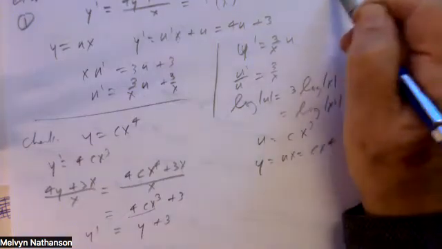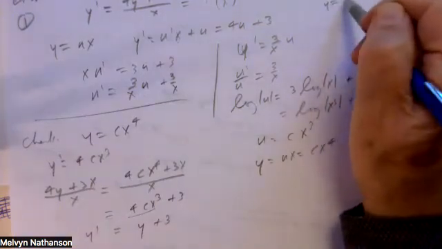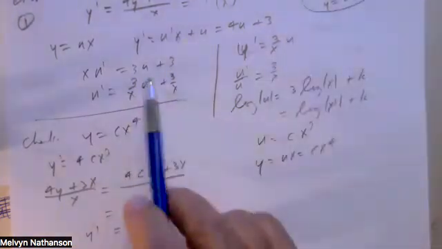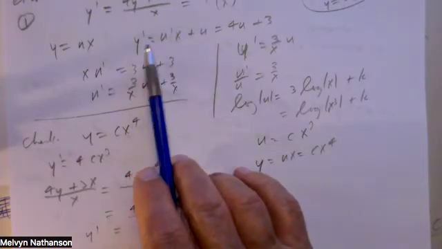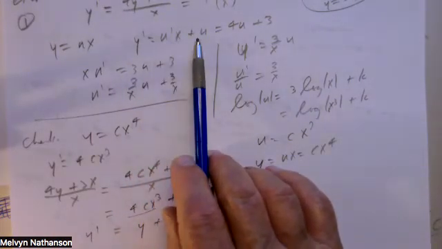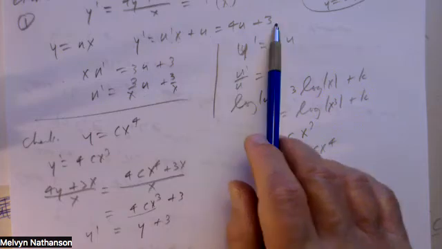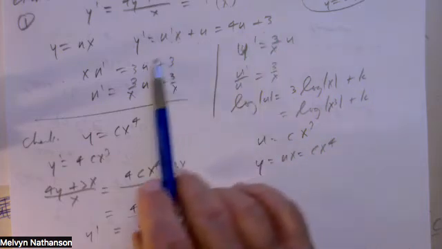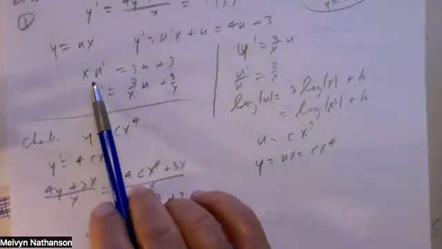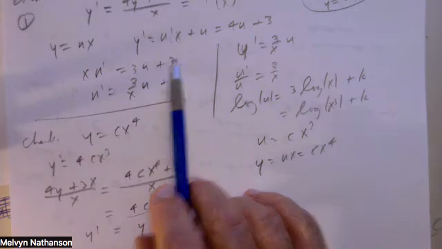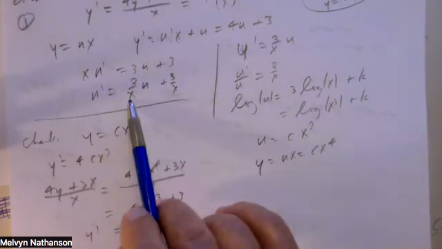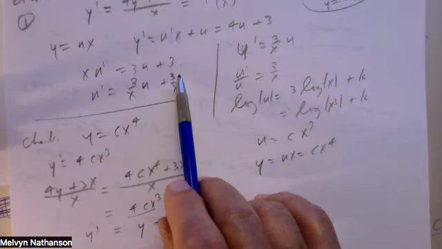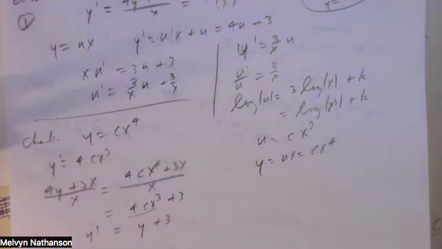So I'm going to let y over x equal u, or y equal u times x. In that case, y prime is u prime x plus u, and that's supposed to equal 4u plus 3, which means u prime x, or xu prime, is 3u plus 3. So u prime is 3 over x u plus 3 over x.